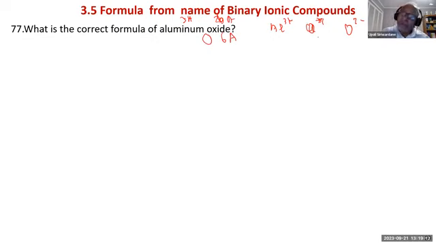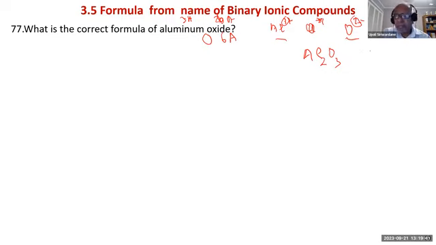If you look at aluminum and oxide, the charges are not balanced. How you balance charge is you take the cationic charge, which is 3, and put it here, and you take the anionic charge and put it here. When you do that, the charge is balanced.